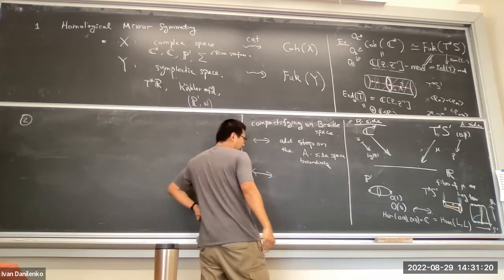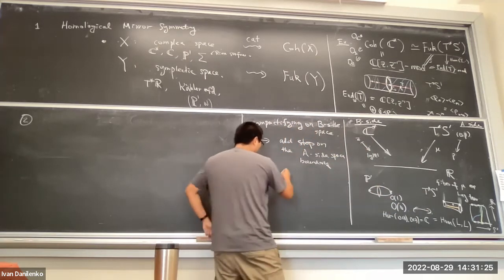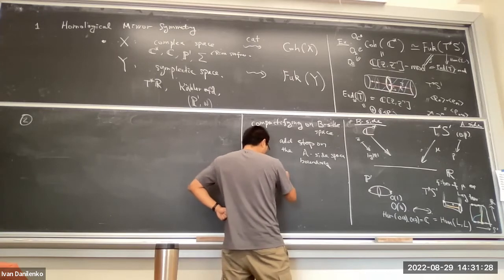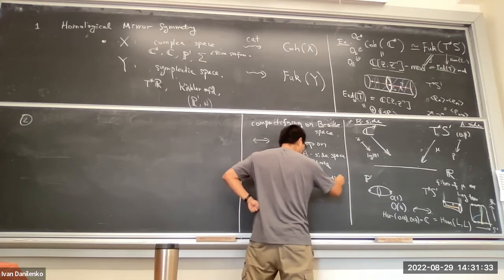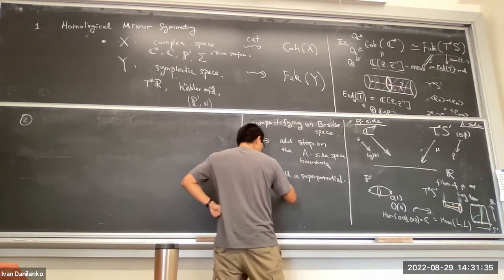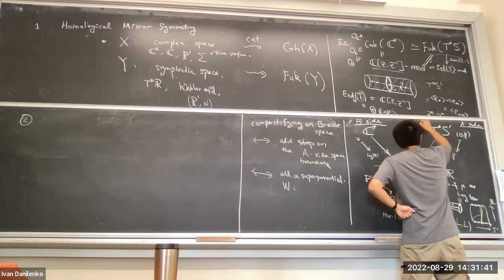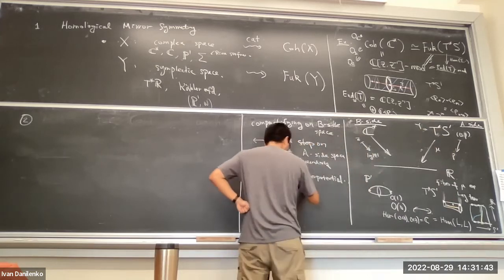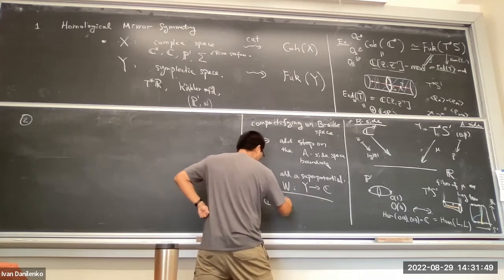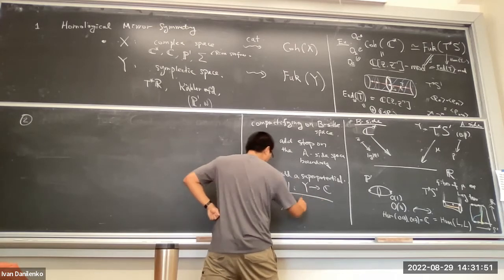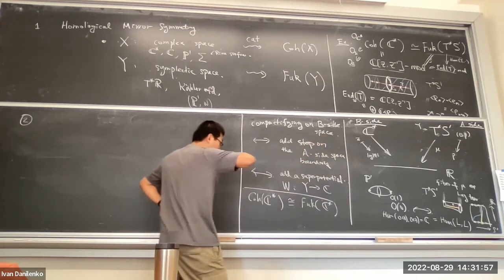It also is equivalent, if the A side space happens to be a complex space as well, to adding a superpotential W. So previously we have C star, and the category of Lagrangians on C star is mirror to the category of coherent sheaves on C star, identifying C star with C star S1.